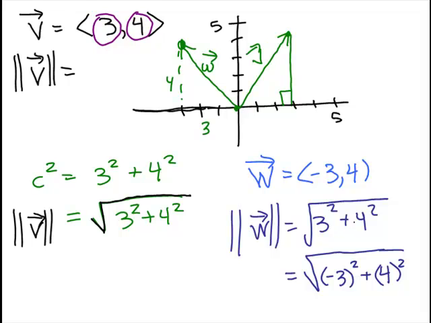And that would have been the same as if I had left it as negative 3 and went ahead and squared it. I would still get the square root of 9 plus 16, which is square root of 25. So both of these vectors, V and W, are different vectors, but they have the same length, they have the same magnitude. So the magnitude of each is 5, right?